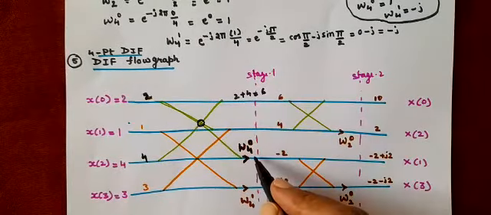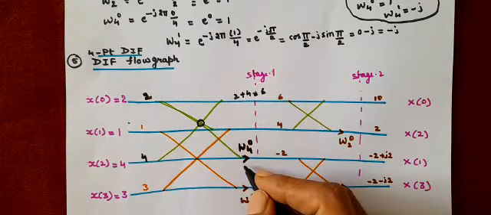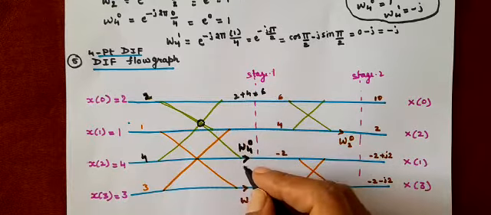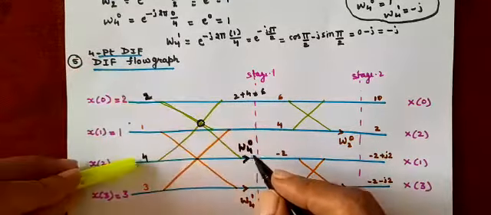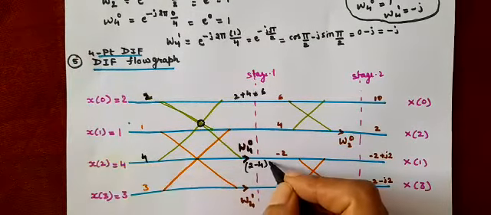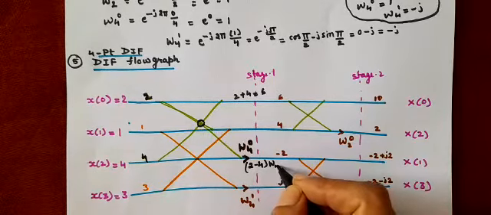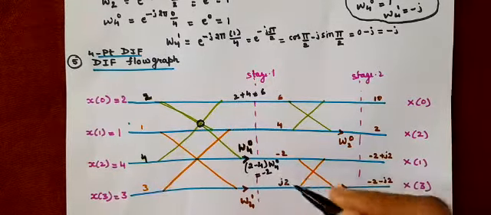What is the equation of the second line, or the bottom line, of the butterfly in DIF? A minus B, the whole multiplied by the twiddle factor. A is 2, B is 4. So it is 2 minus 4 times W4 to the power of 0, so it will come as minus 2.